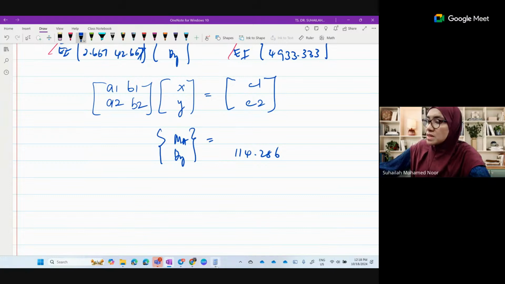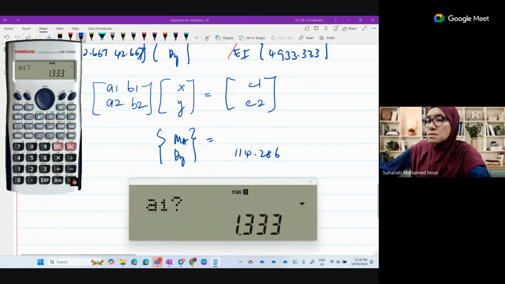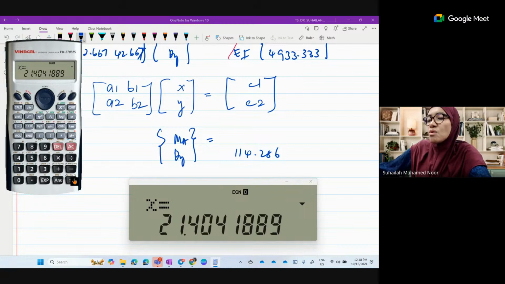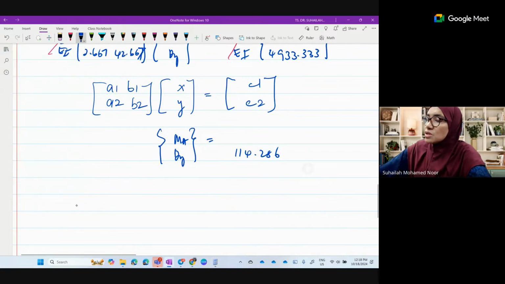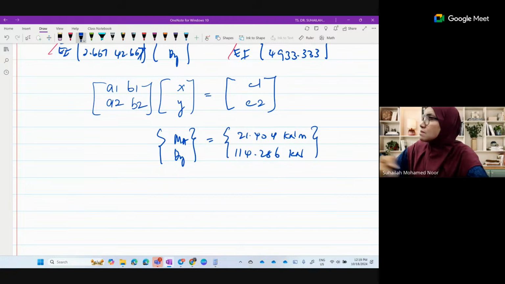Yang first tadi tu 21.404. So this is 21.404, moment kilo Newton meter. dy kilo Newton. Okay, so yang ni redundant lah. Redundant, right? Okay, redundant. So we solve redundant by solving the compatibility equation.